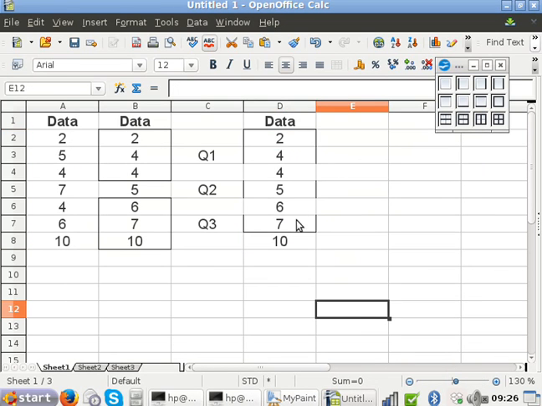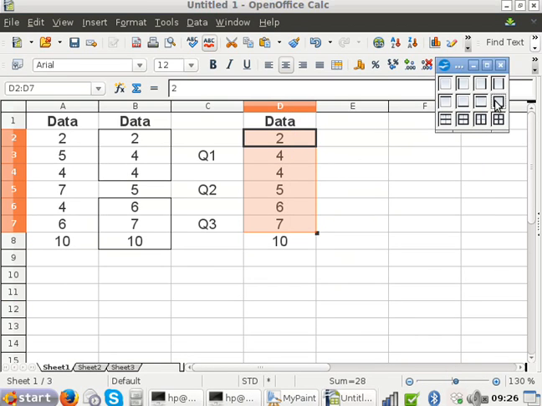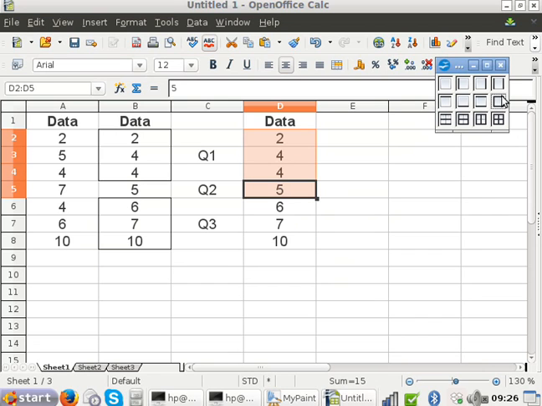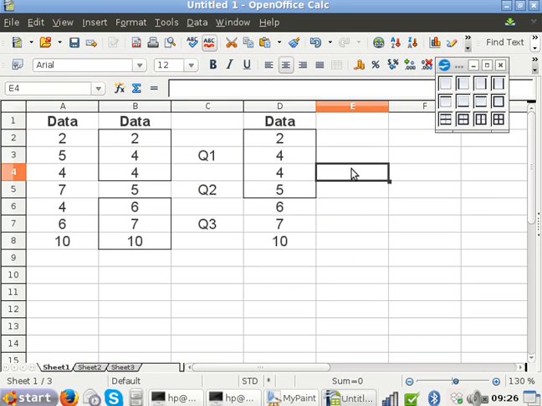Okay. It'd be these 4. So the median will be the middle of these 2, which in this case is, it's still 4.